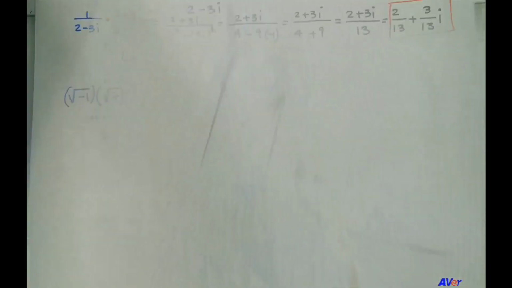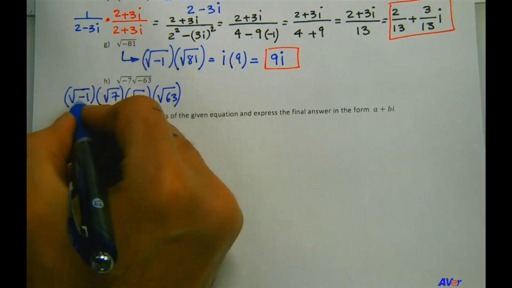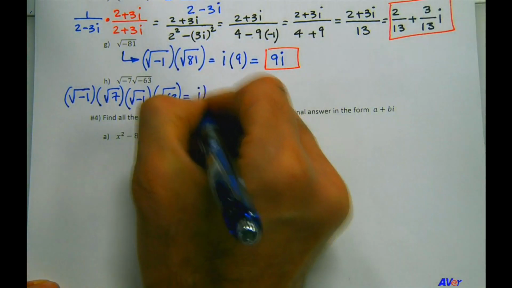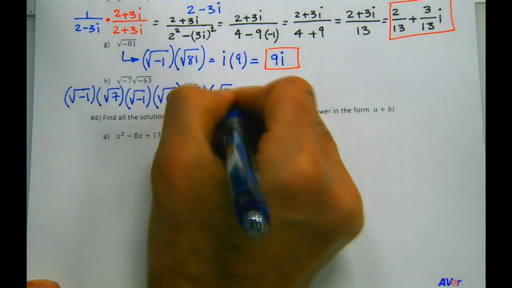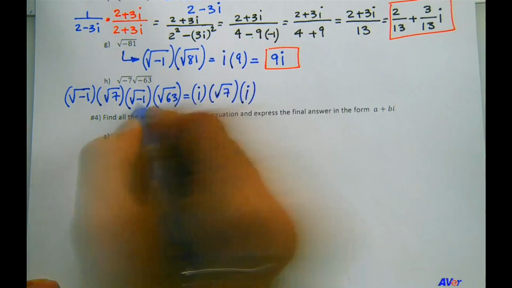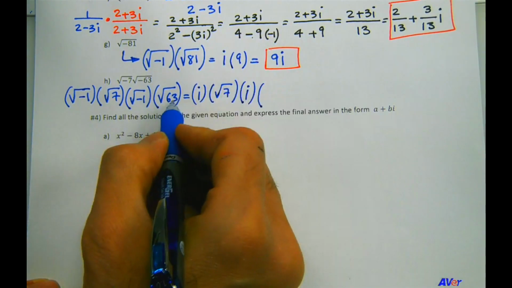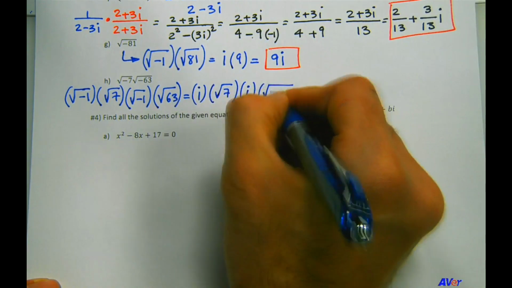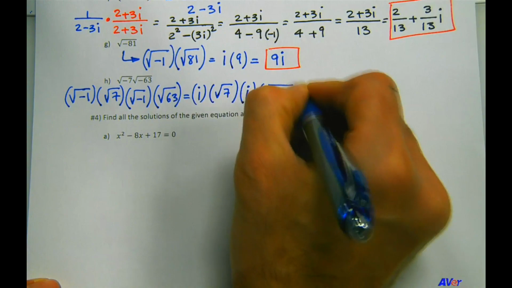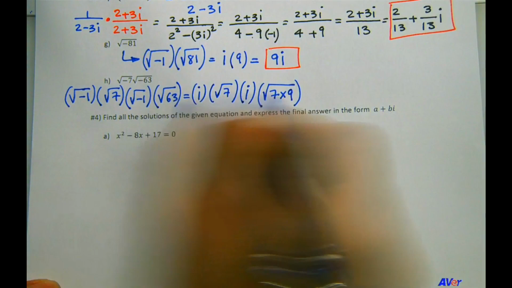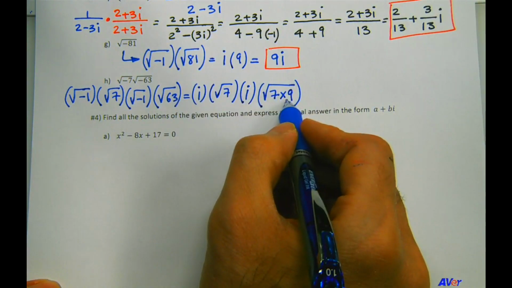So a square root of negative 1 is i. So I times square root of 7 times another i. Now square root of 63 is square root of 7 times 9.